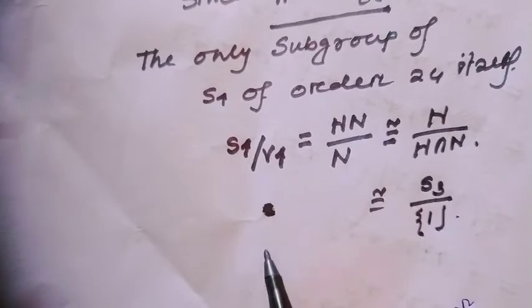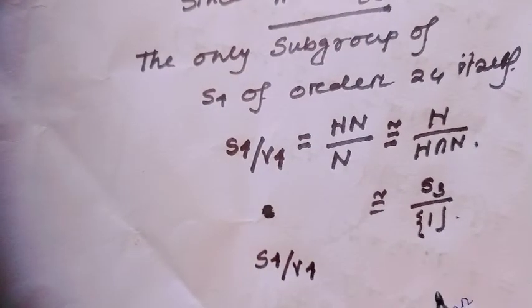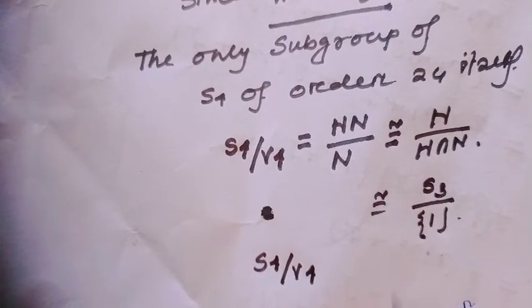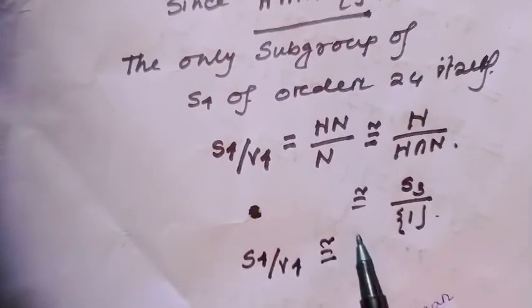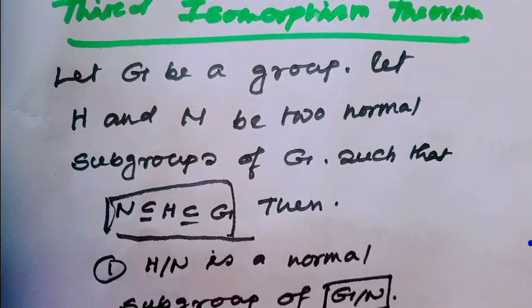That means by the second isomorphism theorem, S4 modulo V4, that is the Klein 4 group, is isomorphic to S3. Are you getting it? Well, first I will state the third isomorphism theorem in group theory.